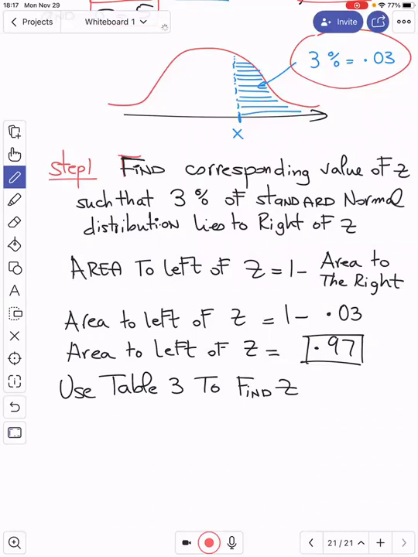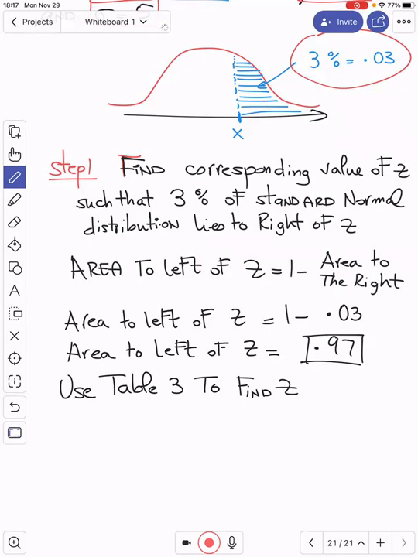If you have table number 3 in front of you, you can see that the areas are increasing. For negative z, you start with 0.00, then it becomes 0.1, and later 0.2, etc. The numbers are increasing, but we need 0.97.